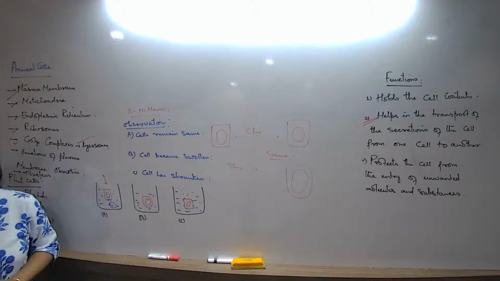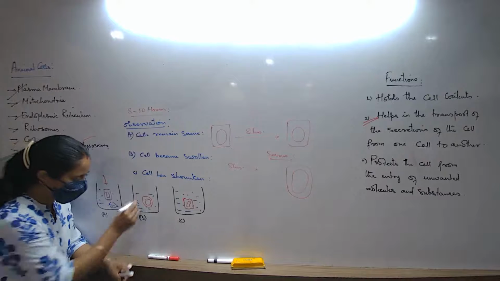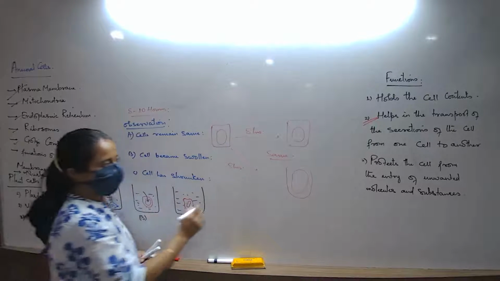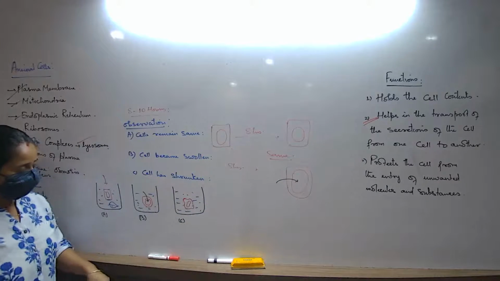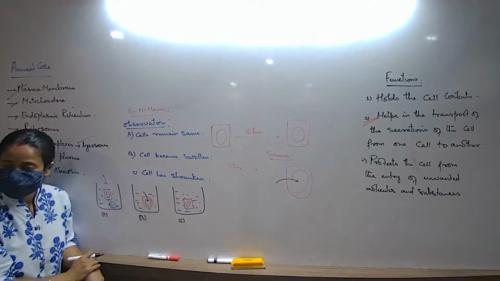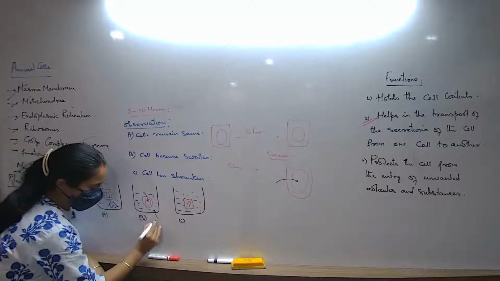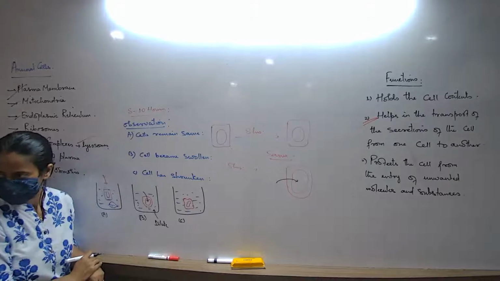So what must have been the reason? The reason primarily is an adequate amount of water has entered. Now, why did water enter? Because perhaps this is a dilute medium, dilute solution.